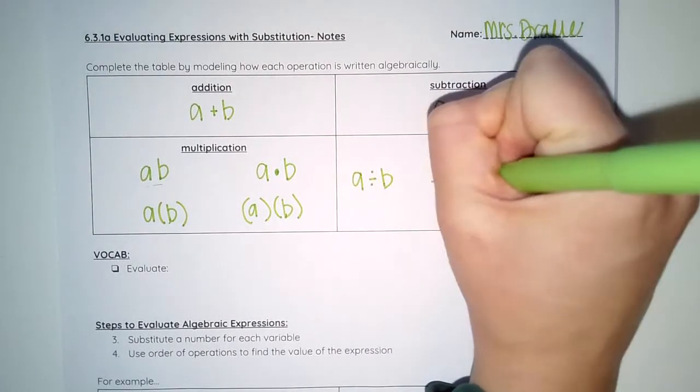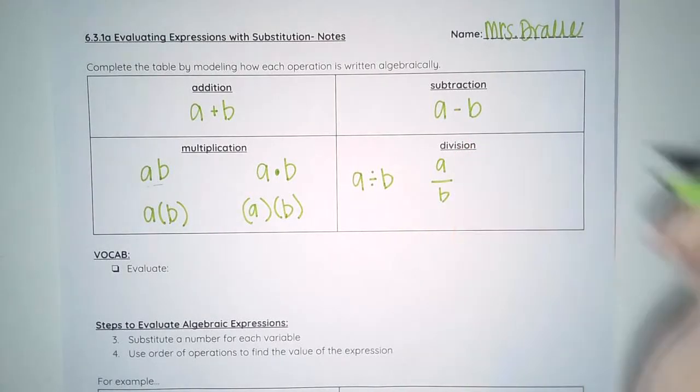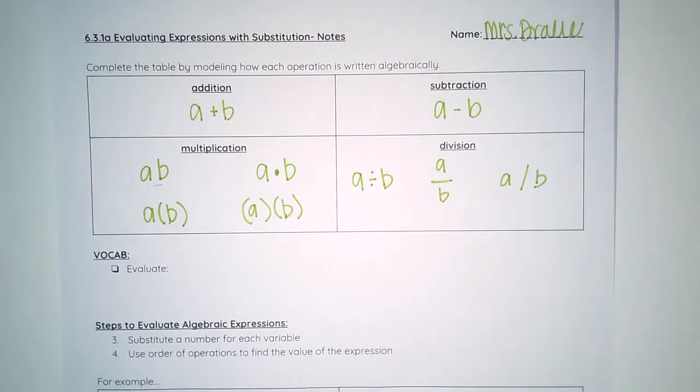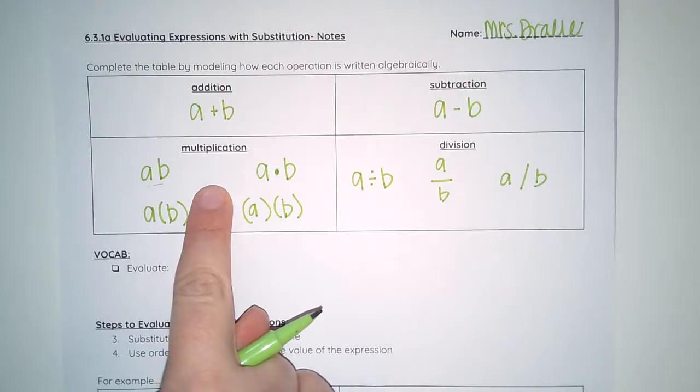We might see our division written as a fraction, A divided by B, or that backslash. Note here in multiplication that we never see our x anymore. Our x is now a variable. We no longer use it as a multiplication symbol.